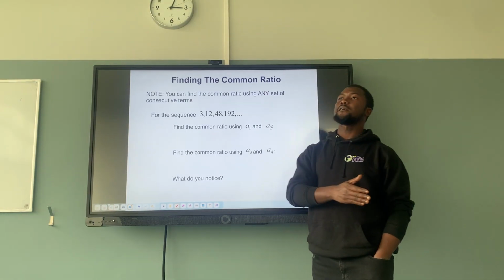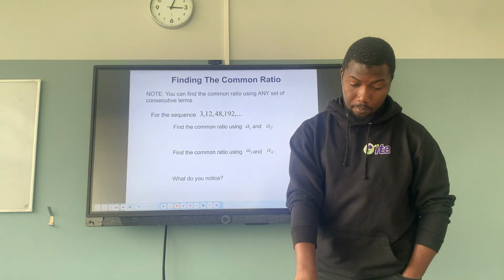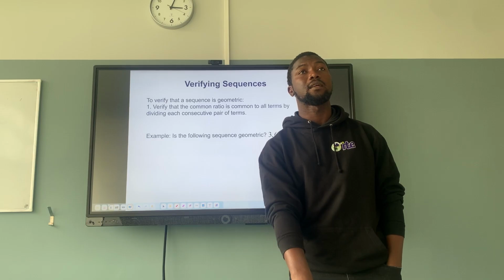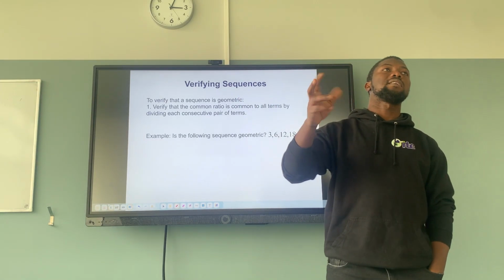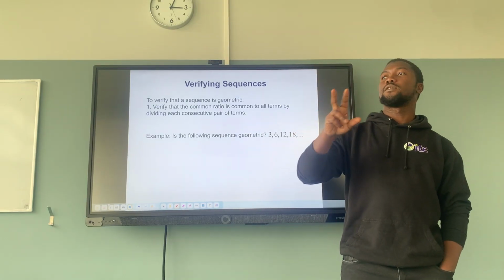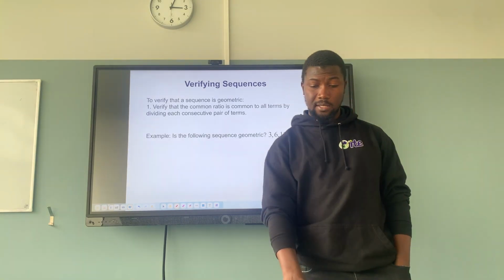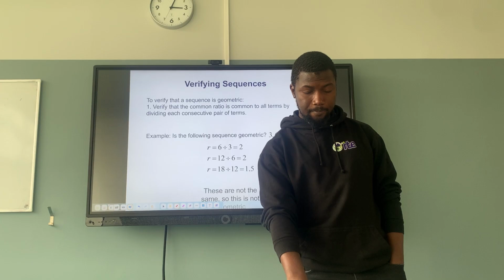So the term after divided by the term before gives you the common ratio. It's very important for you to note that. To verify that a sequence is geometric, look at the first two terms and see if the ratio is the same as the ratio between the third and the fourth term, or the third and the second term. If that is so, then this is in a geometric sequence order.